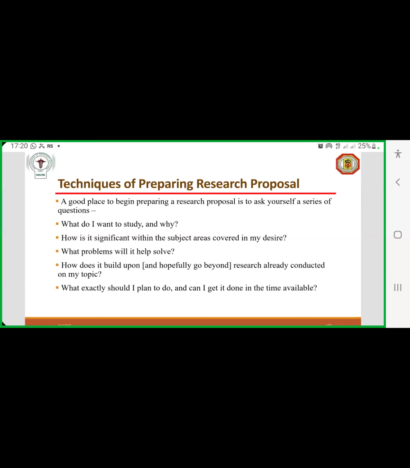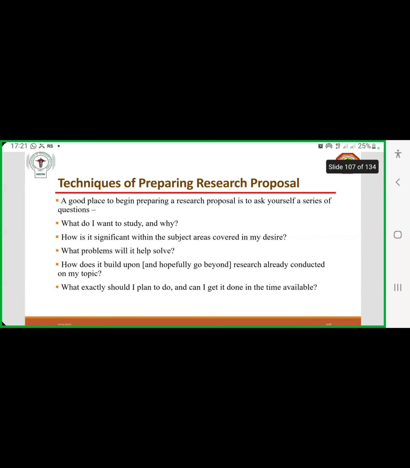Then, how is this significant within the subject area covered in my residency? What problem will it help solve? We have all discussed this. So when you are thinking of a particular area that you want to research on, you have to ask all these questions and answer them before you go into the proper proposal writing. Then, what exactly should I plan to do, and can I get it done in the time available?